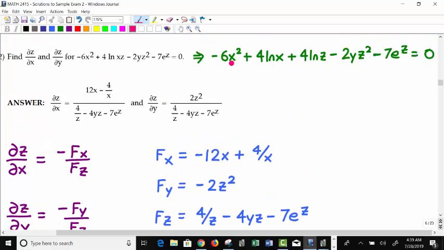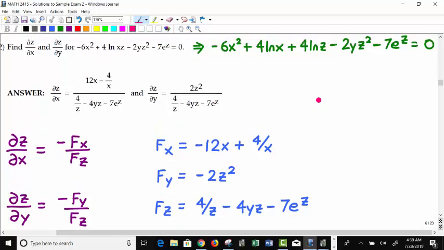And then the last one, with respect to z, the first 2 terms do not have a z, but the last 3 terms all have a z. So we'll have to take the partial of those last 3 terms. 4 ln of z, the derivative of ln of z will be 1 over z.